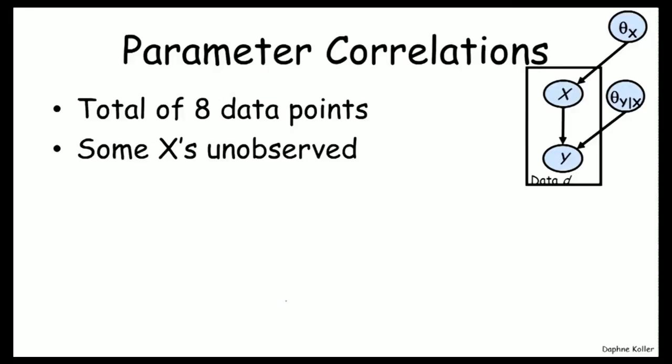So when you look at this, you can see, for example, that when x is not observed, you have an active V structure that goes from theta y given x through y all the way to theta x. And so intuitively, that suggests to us that there is a correlation, an interaction between the values that I choose for theta y given x and for theta x.